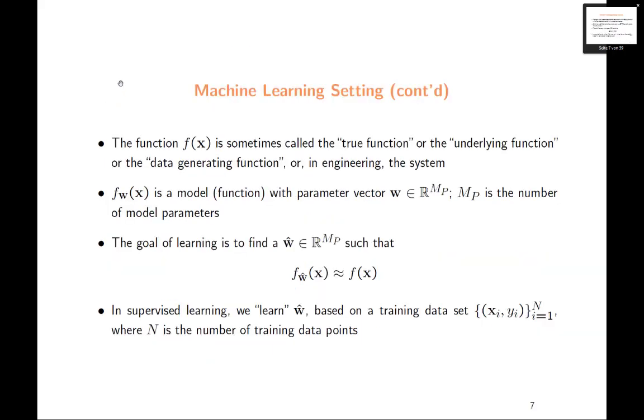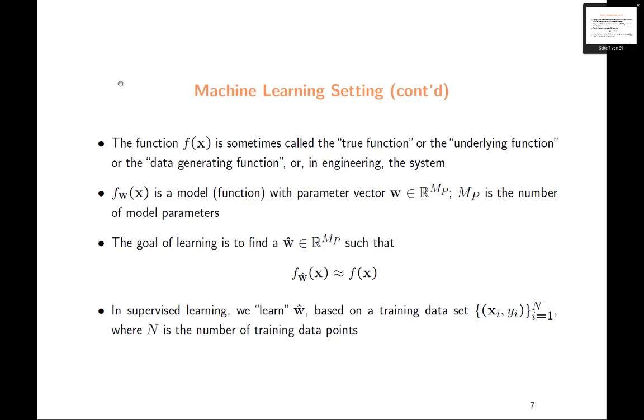So this underlying function is sometimes called the true function, or the data generating function, or in the engineering domain, sometimes the system you're trying to model. f sub W of x is a model with a parameter vector W, which is unknown, and W has MP components. So MP is the number of model parameters.